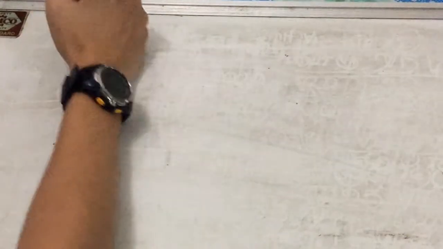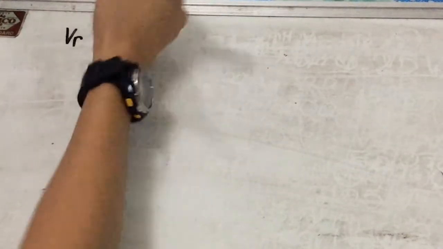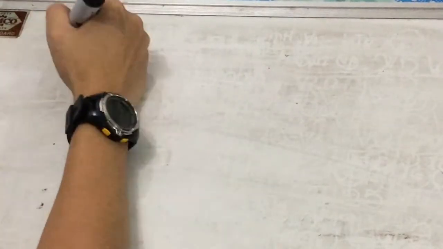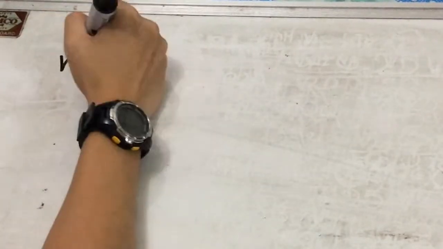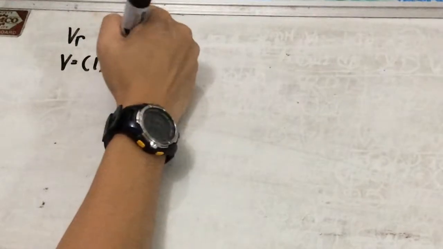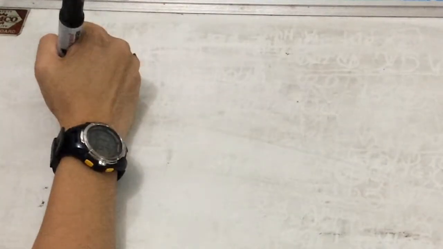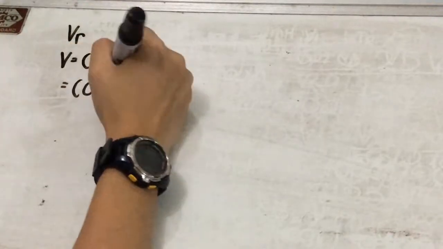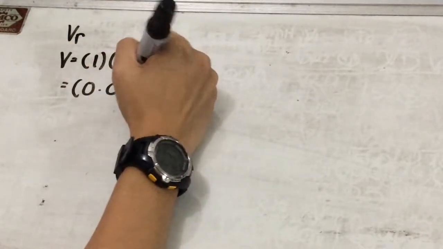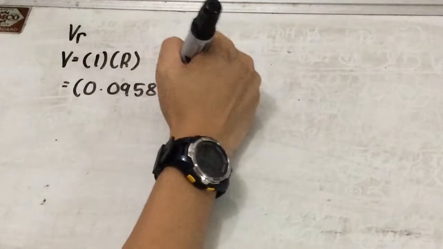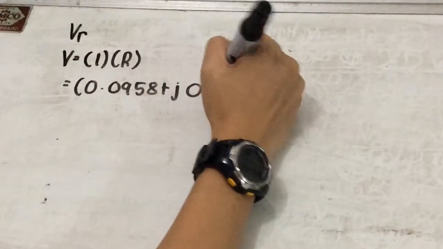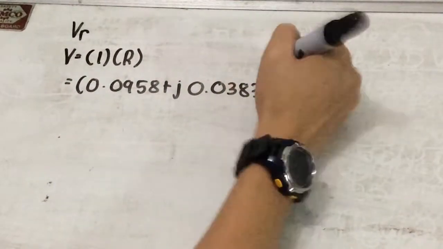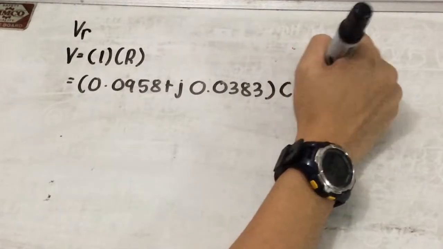Now, we will solve for the voltage drop of the three elements. To start with, we will solve for the VR. Recall Ohm's law, wherein voltage is equal to the current times the resistance. Substitute all the values, we will have I1 times the 90 ohms.